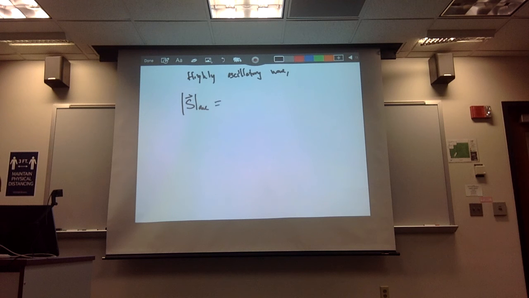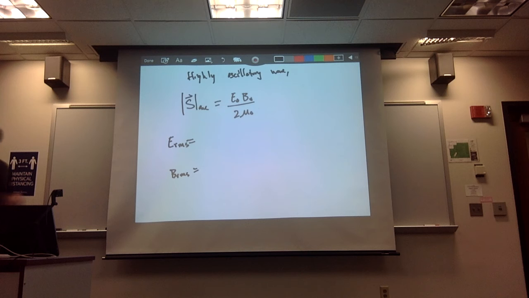In this case, what we're going to see is the amplitude of the electric field times the amplitude of the magnetic field, all divided by twice mu naught, because this is going to be the average of two sine curves squared. From this, we can define what are known as the RMS values: the RMS value of the electric field and the RMS value of the magnetic field.